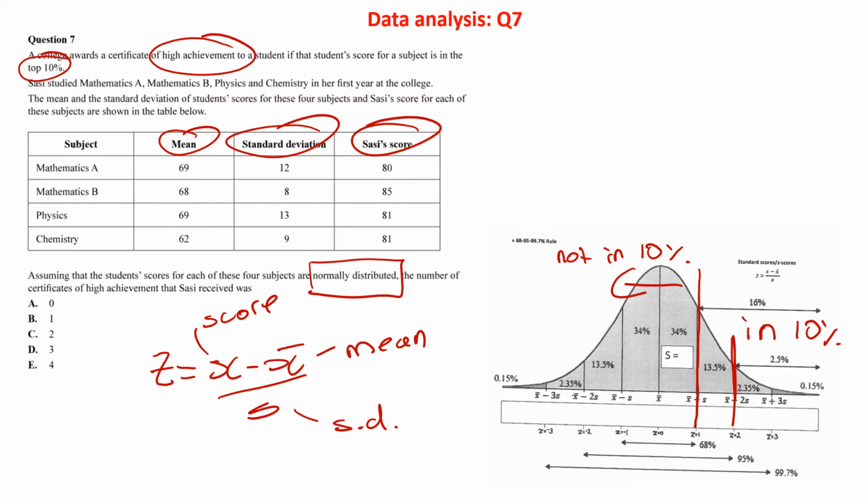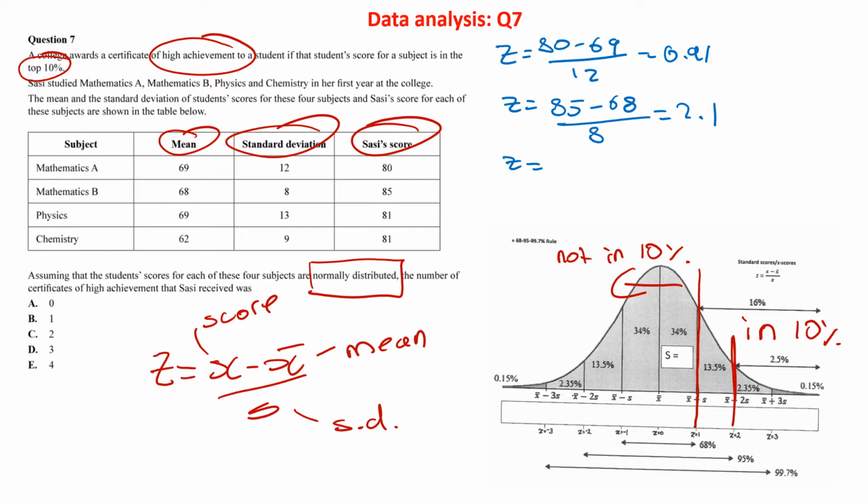So what I basically have to do is calculate the Z score. For Maths A, Z equals 80 minus 69 divided by 12, which gives me a value of 0.91. For Maths B, I get 85 minus 68 divided by 8, which equals 2.1.